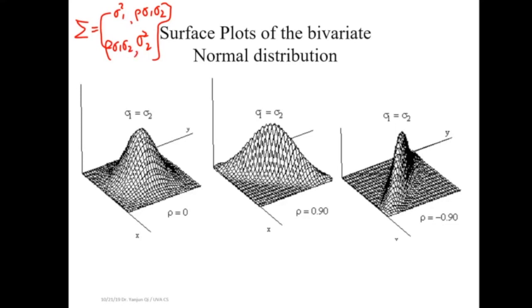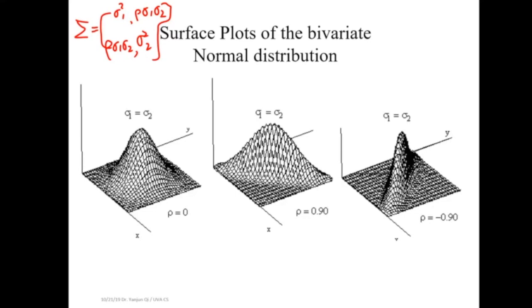When correlation equals 0, the covariance is also equal to 0, which means there's no linear relationship between x1 and x2. Then its surface map looks like no relationship at all.